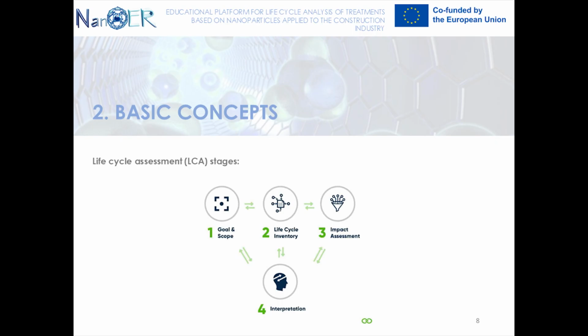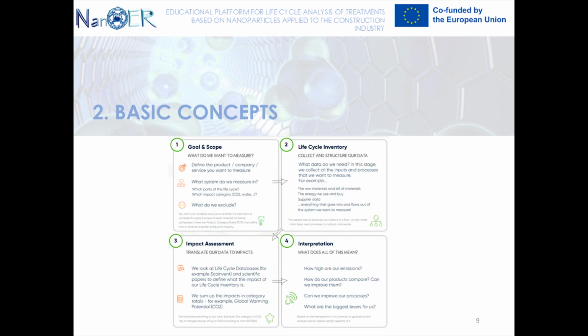Impact Assessment, LCIA. 4. Interpretation. These stages are iterative and interconnected, allowing refinement and validation of results throughout the process to ensure accuracy and reliability. We will now look at each of the stages in more detail.